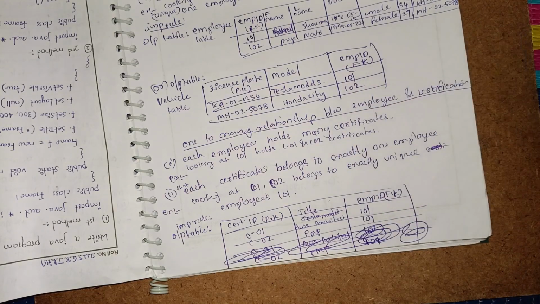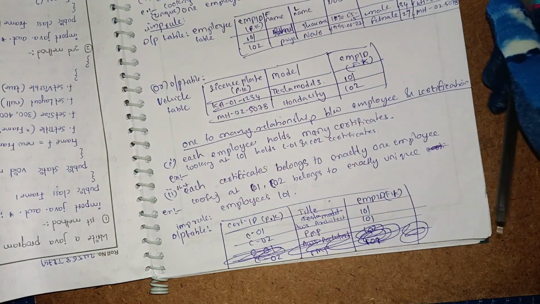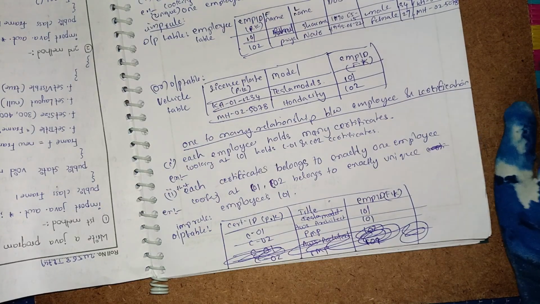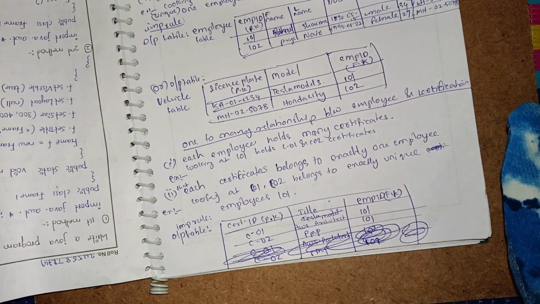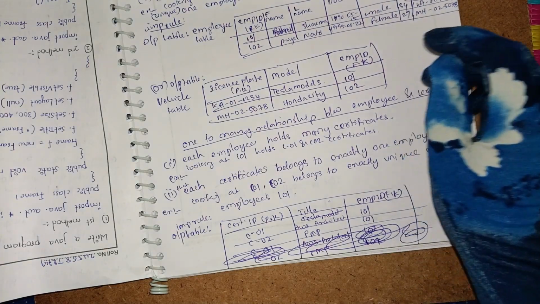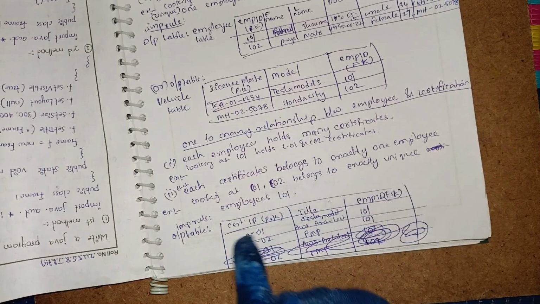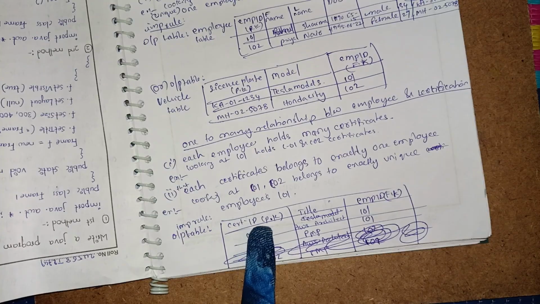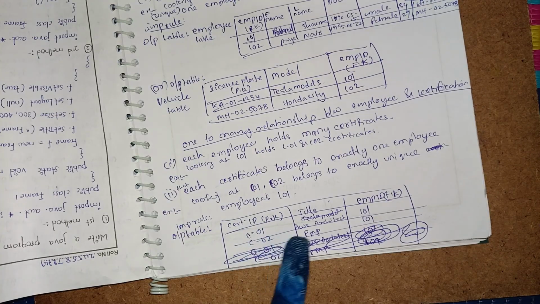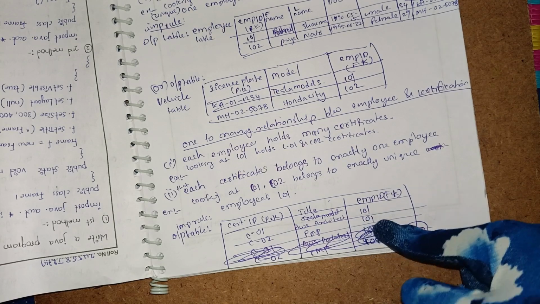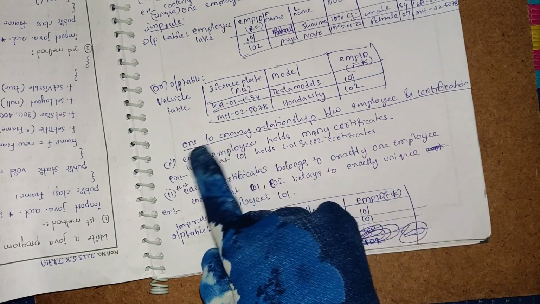Okay. Here the many to one relationship is established. Many certificates means each certificate belongs to exactly one employee. Okay, many to one.